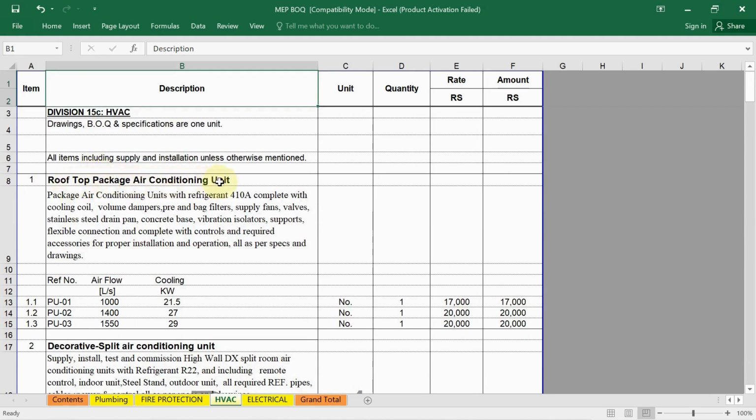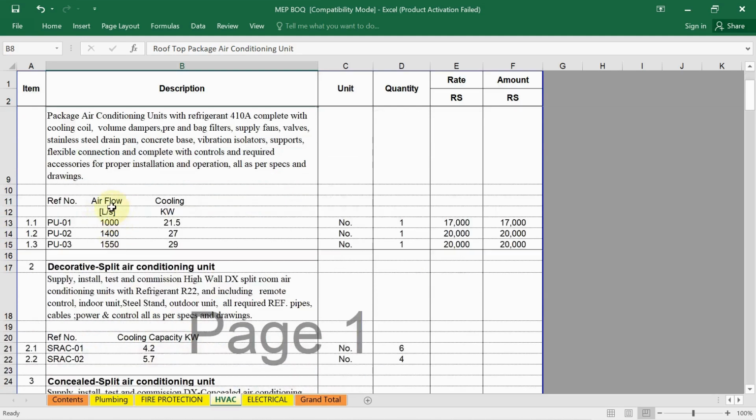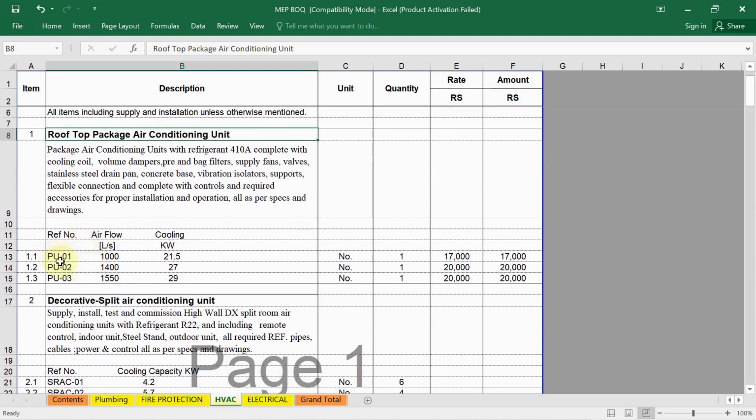In your project, whichever type of unit or equipment you are using, we need a clear and detailed description for each item. Let's say you are using a rooftop package air conditioning unit: you need its details, airflow rate, type and reference number, with the airflow you calculated from the heat load calculation.